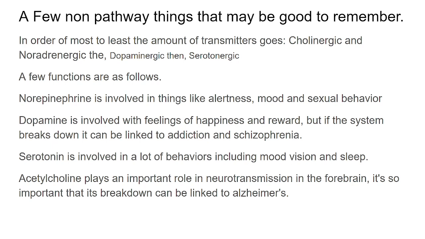But there's a few other things that would also be good to remember. In order of most transmitters to least, the ones with the most are the cholinergic and noradrenergic pathways.